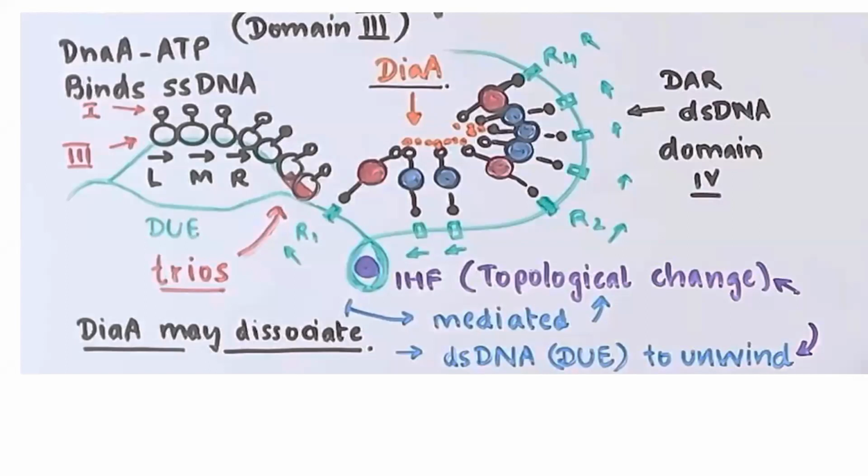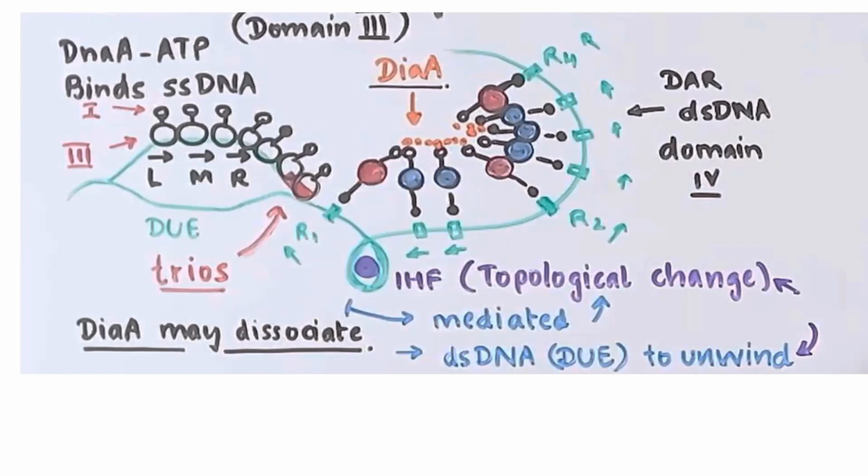All these changes occur in the backdrop of a stable state 1, which consists of DNA A stably bound to the DAR region at both low and high affinity sites. This state 1 is also stabilized by DIA, because the DAR is stably bound by DNA A and DIA protein, and it is hard to unwind the DAR. So the IHF mediated topological change is needed, since with DNA A protein bound it is hard to unwind the DAR.